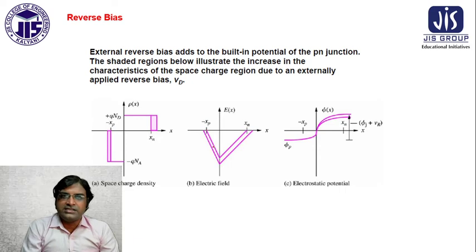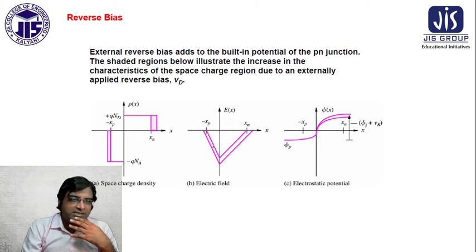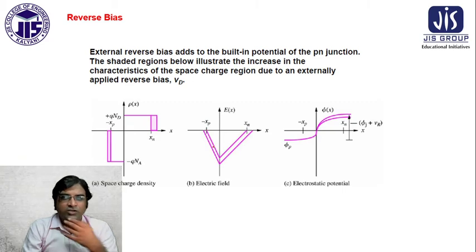This is the external reverse bias added to the built-in potential of the PN junction. The shaded region below illustrates the increase of the space charge region due to the externally applied reverse bias.